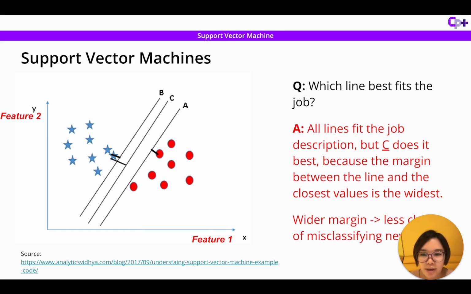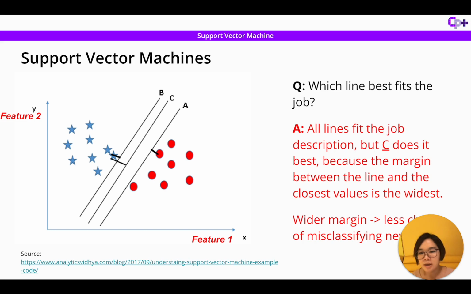So all of them fit the description, as I mentioned, but C does it best. Why? Because there's a wider margin between C and the closest stars and dots, as opposed to B, which is very close to that one star, and A, which is also very close to that one dot. With that bigger margin, we have less chance of misclassifying, because as I mentioned, there's always chaos and uncertainty, the noise in your data.